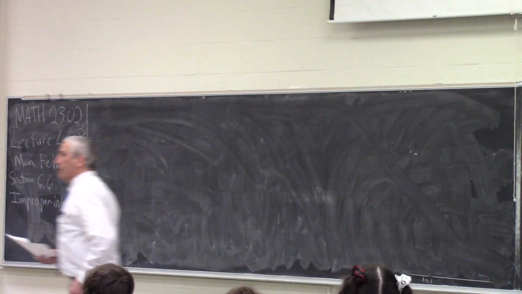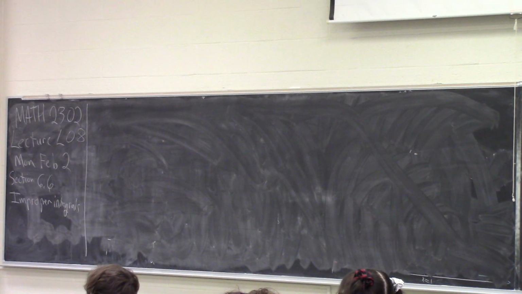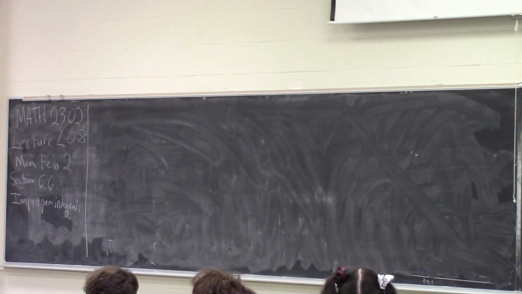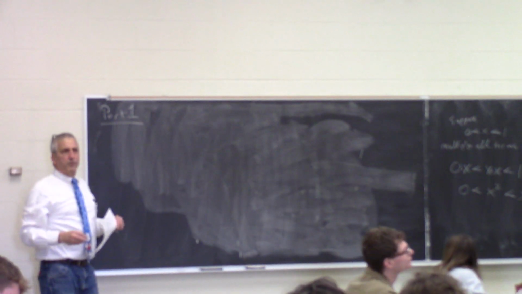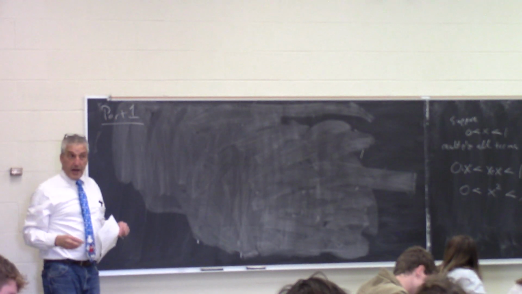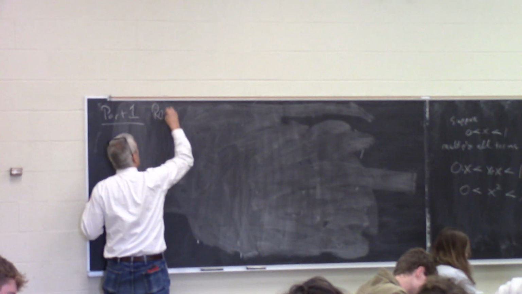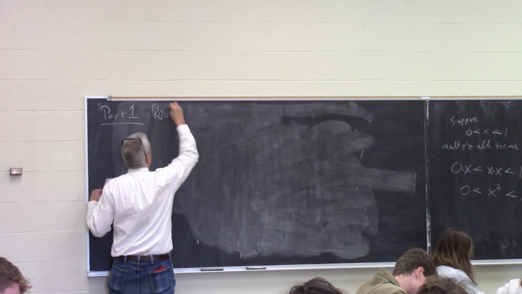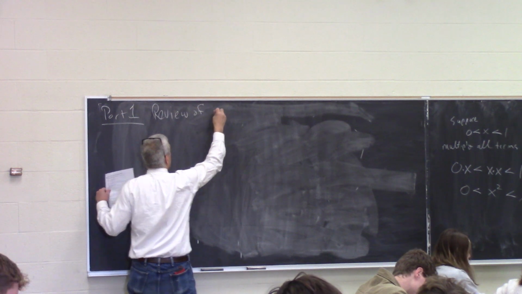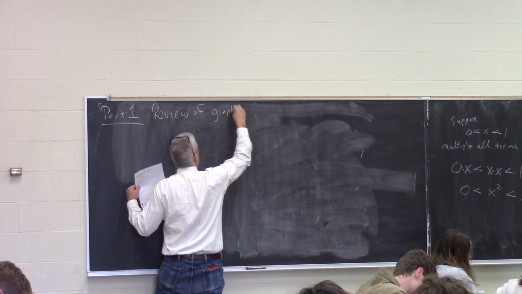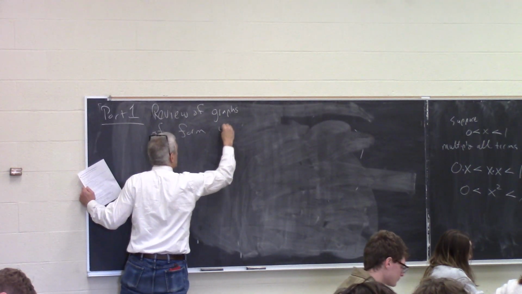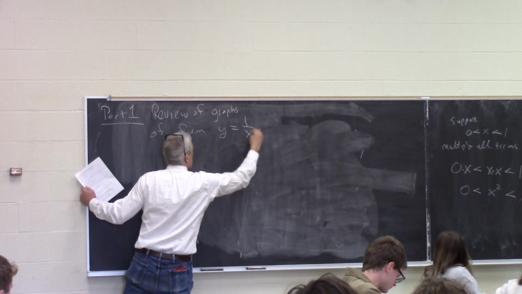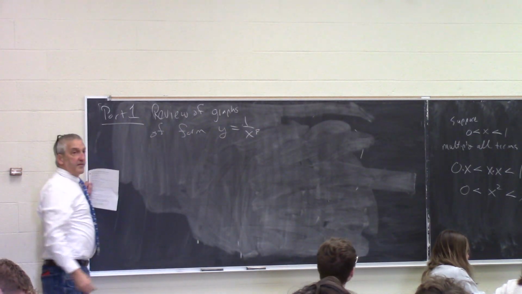All right, I want to start with a review of graphs of the form 1 over x to the p. Y equals 1 over x to the p.